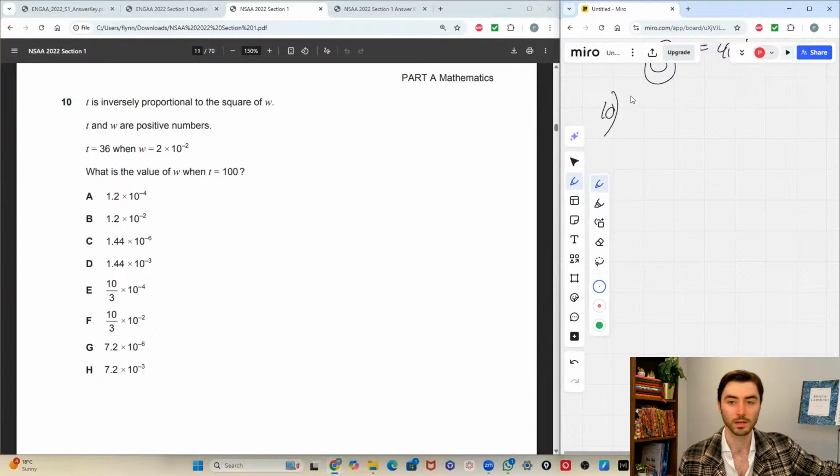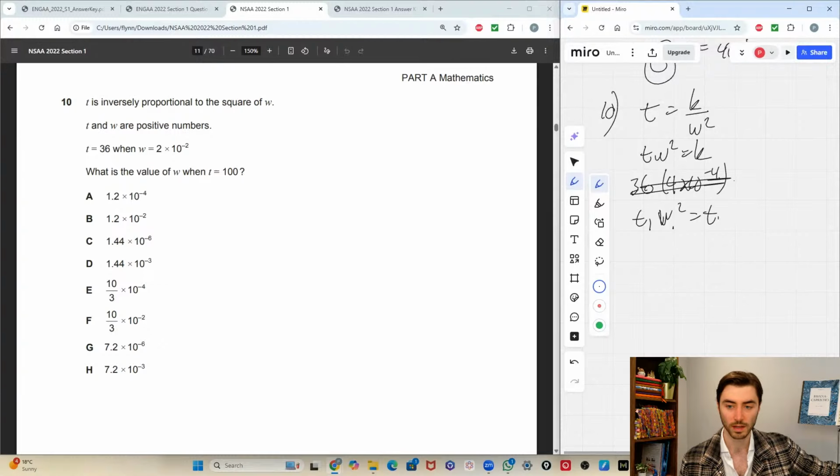T is inversely proportional to the square of w. So t equals k over w squared, tw squared equals k. T equals 36 when w, so that becomes 4 times 10 to the minus 4. Actually, I'm going to do, so T1 W1 squared equals T2 W2 squared. So 36 times 4 times 10 to the minus 4 is 100 W2 squared.